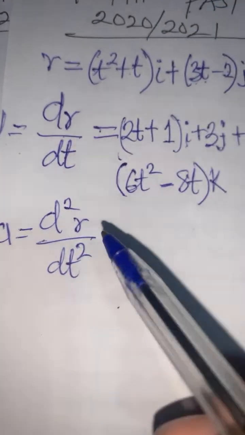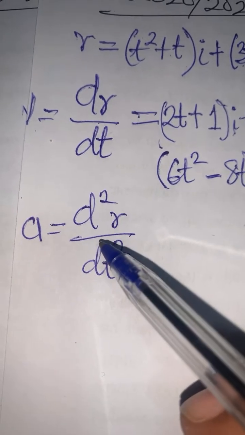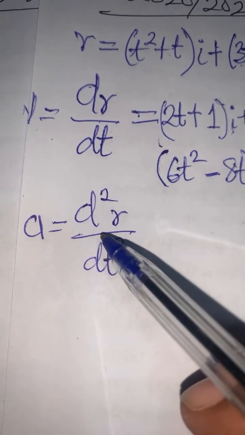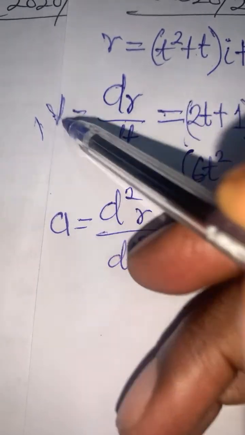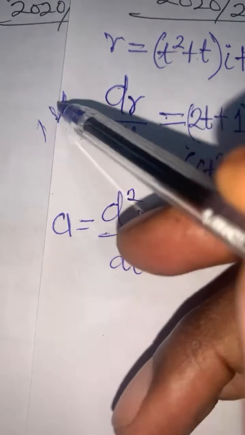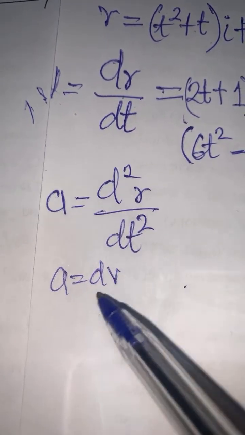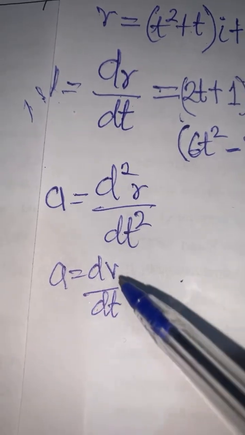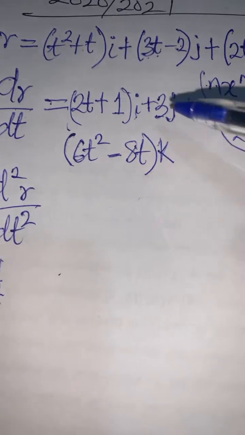Okay, someone said I should go on, so let's proceed. This means that we should differentiate again. Someone said I should use another method. Another method means, since this one is for velocity, you should just differentiate. Acceleration is the change in velocity with respect to time. This means that you should differentiate this one again.